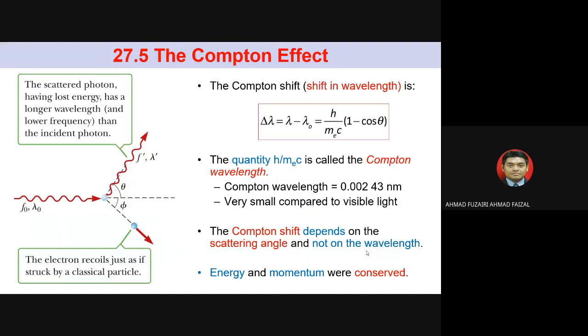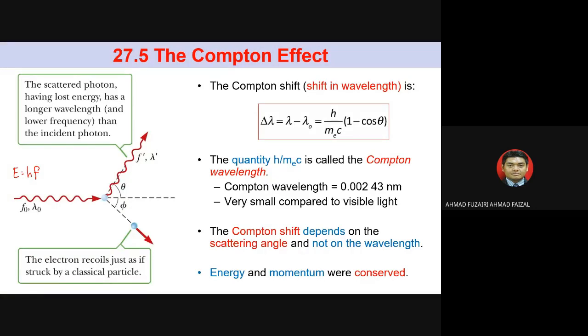So this is the Compton effect. When a photon strikes an electron, the incoming photon comes with E equals hf and tries to hit the electron.